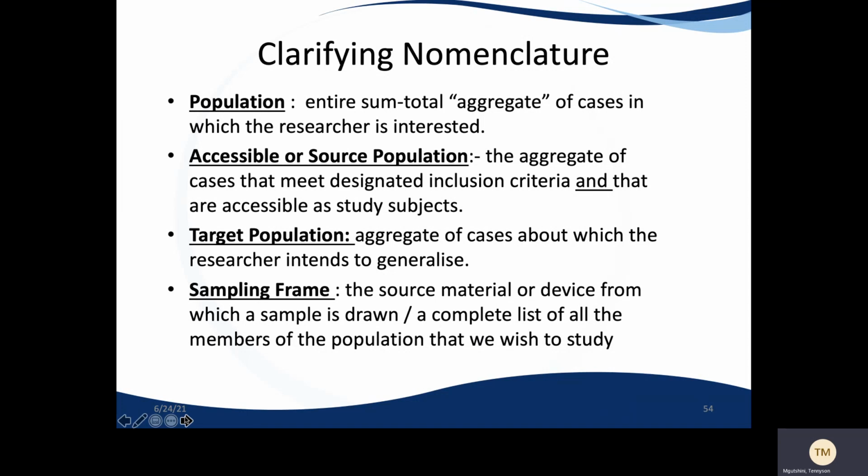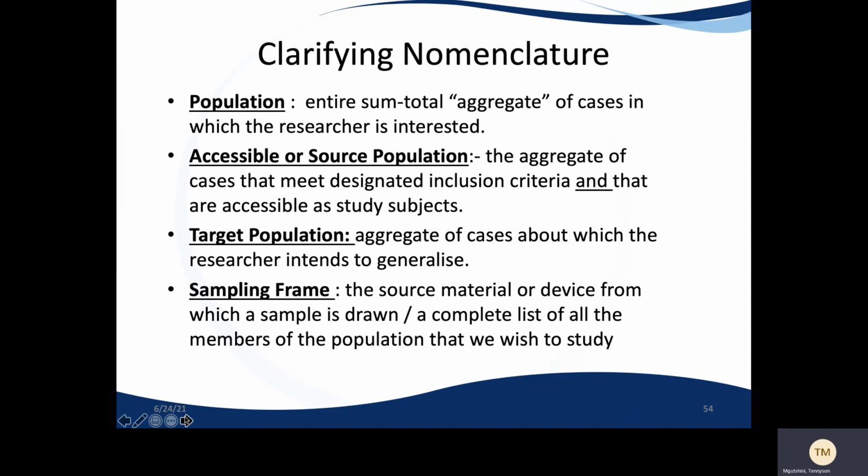So if I was doing a study on male behavior in specific contexts, say how male students behave in relation to X or Y, then my population would be all male students at the specific institutions that I'm interested in. That is the population.